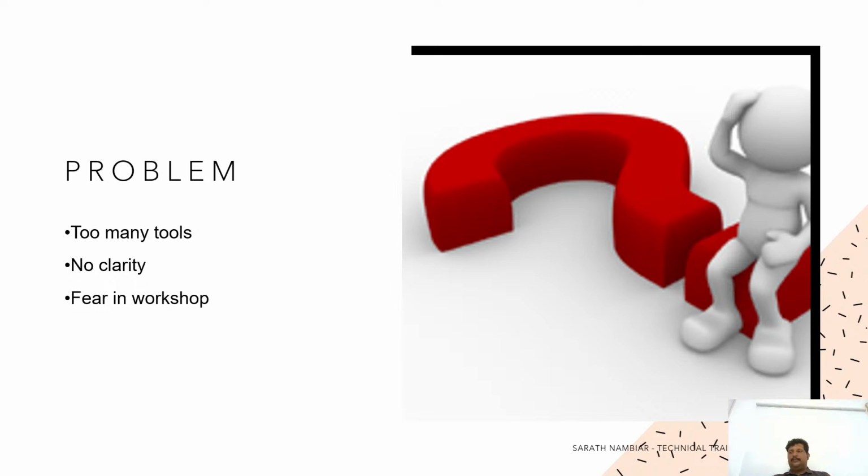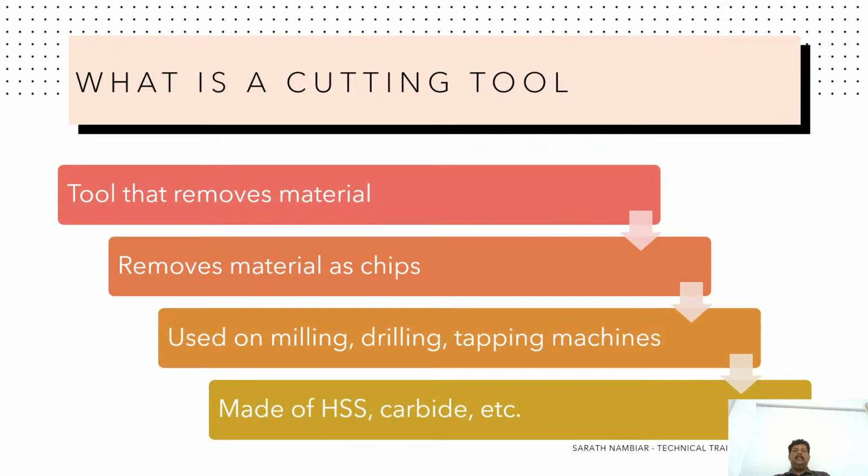First, before we start, what is a cutting tool? Most of the people may be knowing this, but I am just taking this at the beginner's level. So let's start from the basics. What exactly is a cutting tool? A cutting tool is a tool that removes the material from the workpiece as chips. When I say remove the material, it is not breaking, it is not melting.